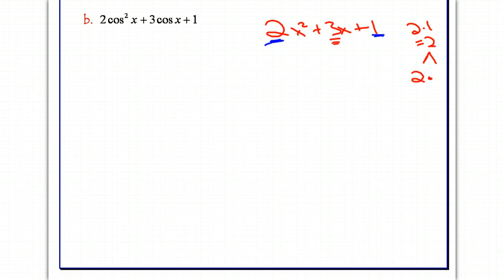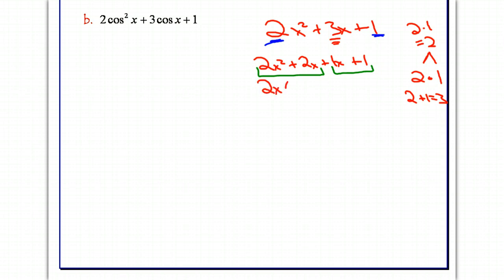And luckily, there's not many ways to get 2. 2 times 1 is about our only possibility. And sure enough, 2 plus 1 does equal 3. So we rewrite this, 2x squared plus 2x plus 1x plus 1. Then we group the first two terms. We group the second two terms. What do the first two terms have in common?